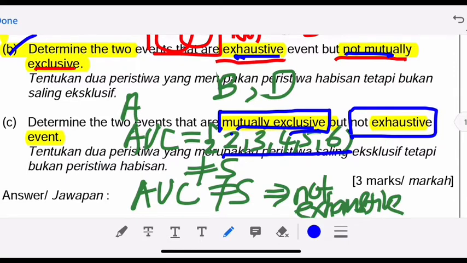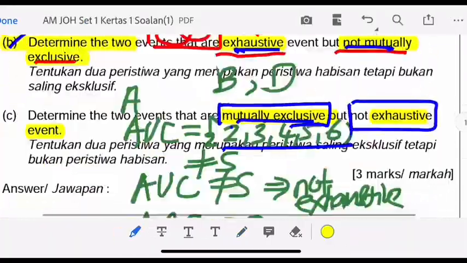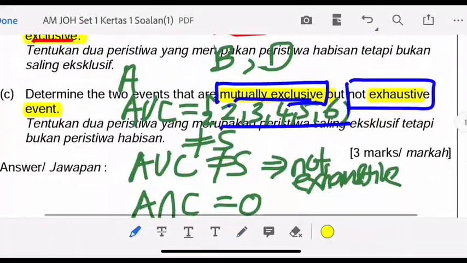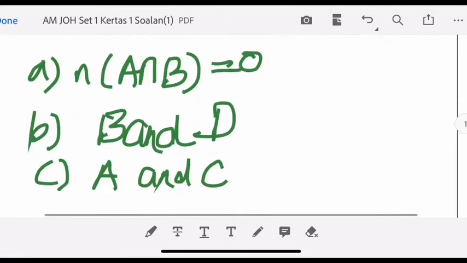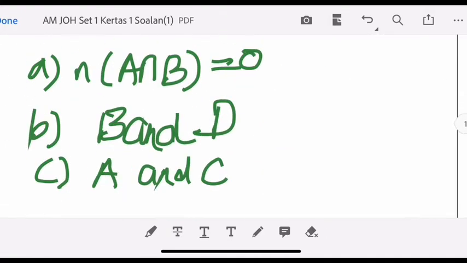You won't get S, which consists of 1, 2, 3, 4, 5, 6. So 1 is missing, which is why we call it not exhaustive. So I have explained exhaustive events, mutually exclusive events, and not mutually exclusive events. Make sure you understand the concept.